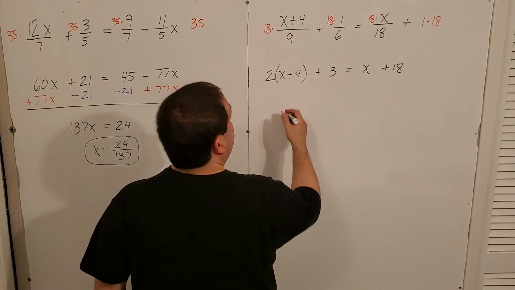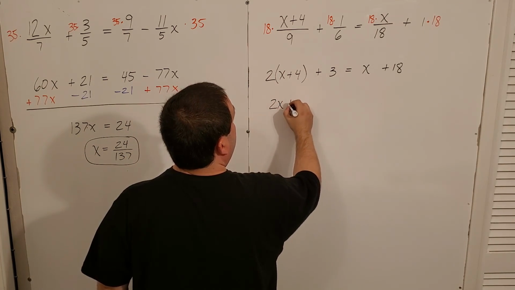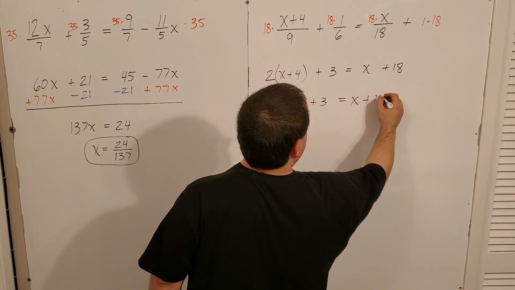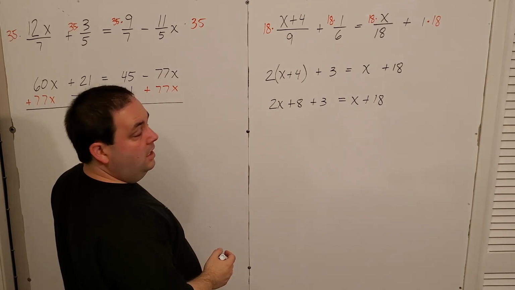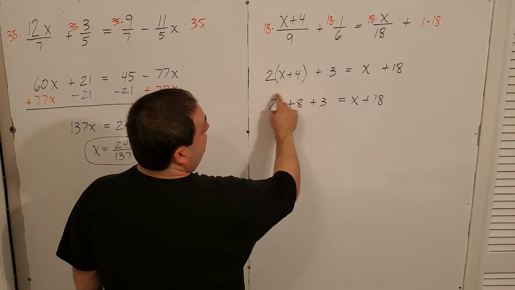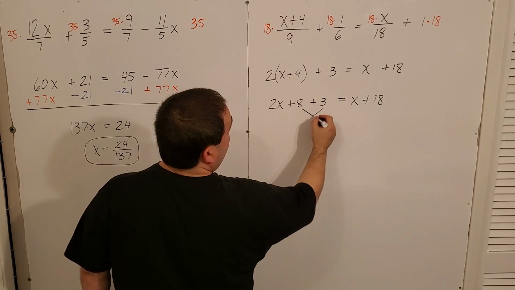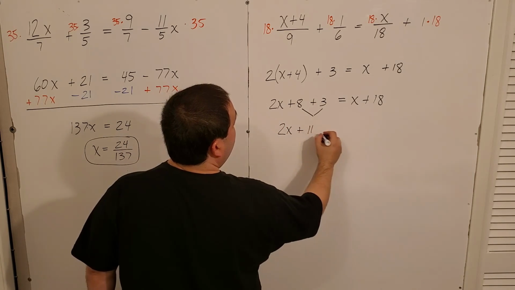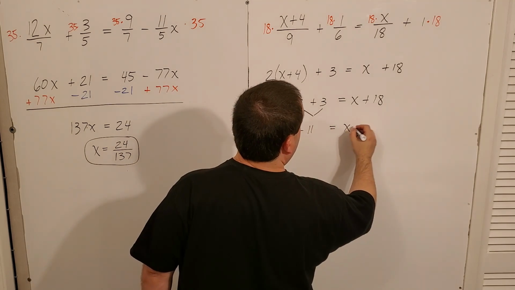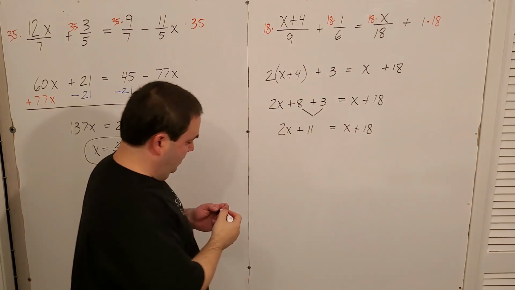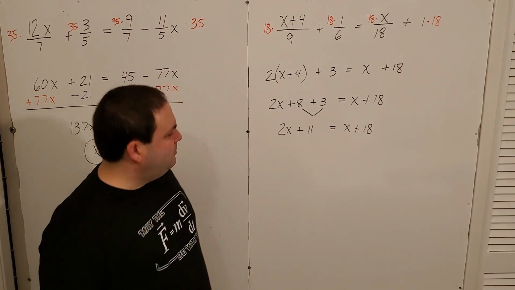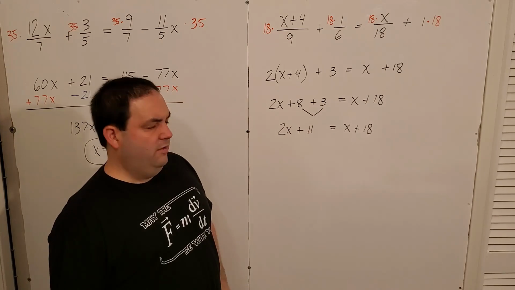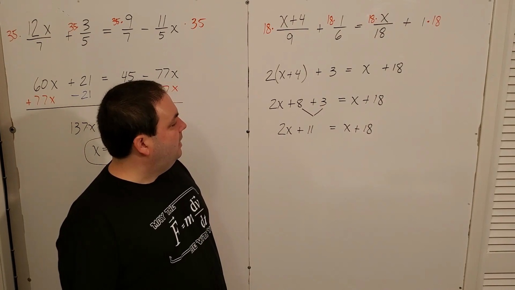So 2 times x, 2 times 4, 2x plus 8 plus 3 equals x plus 18. And then, of course, I have more than 2 terms on this side, so I know that I'm going to have a couple of them that will combine. 2x plus 11 is equal to x plus 18. Quick question. Did I absolutely have to do this step? The answer is no. If you really just missed it, that's okay.